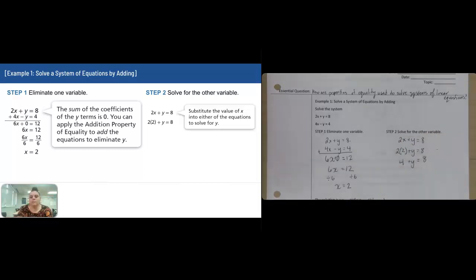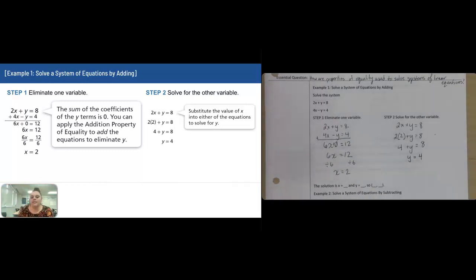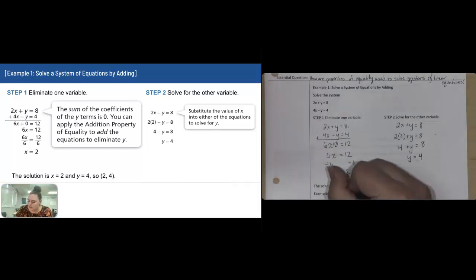And what plus 4 is 8? Well, y must equal 4. So our solution is that x equals 2 and y equals 4, so our point is (2, 4).